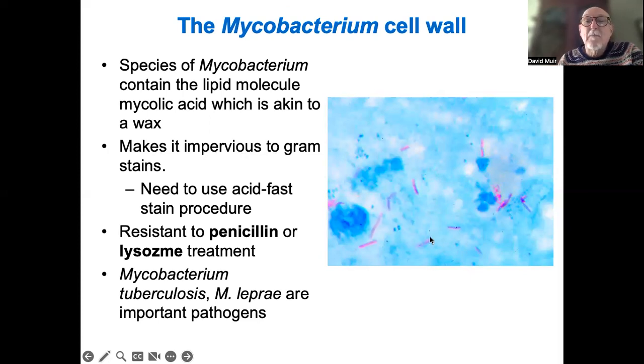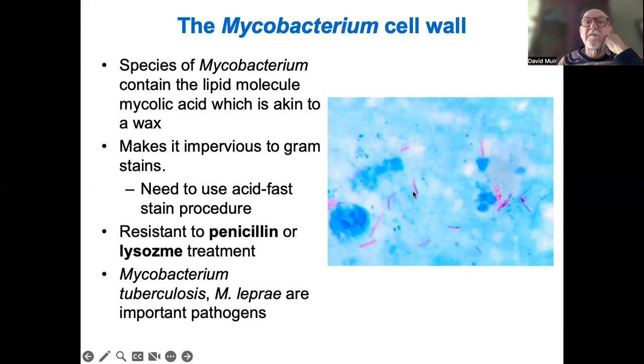And what you end up with, you will discuss this in more detail in your lab, but what you end up with are cells which are stained a bright pink color. Any cell that is bright pink like this is immediately diagnostic of mycobacterium, of an acid fast cell.